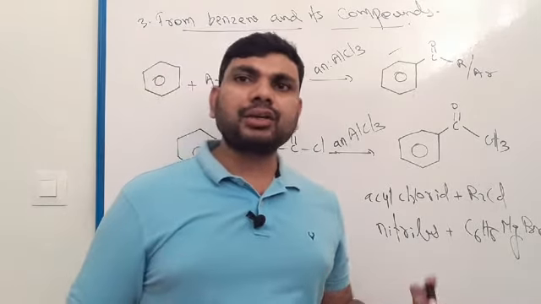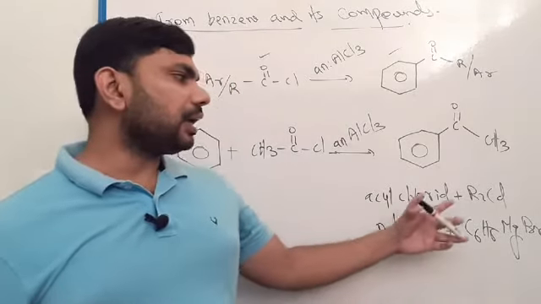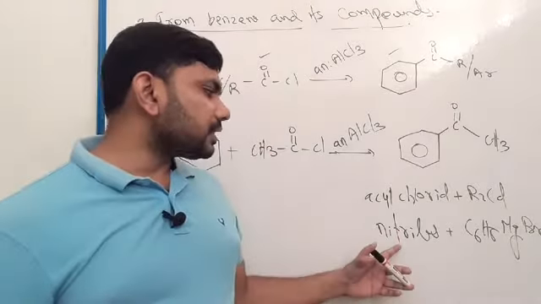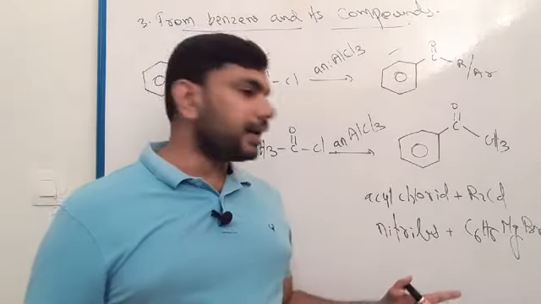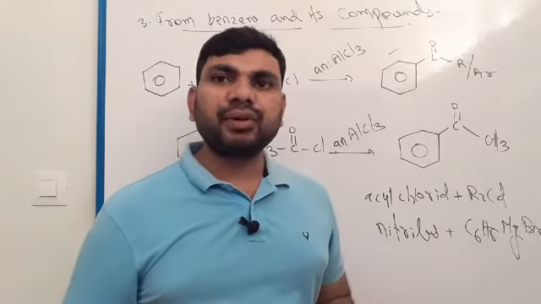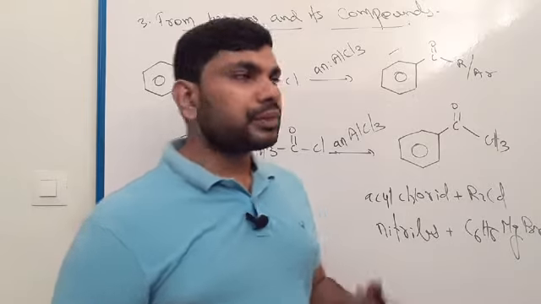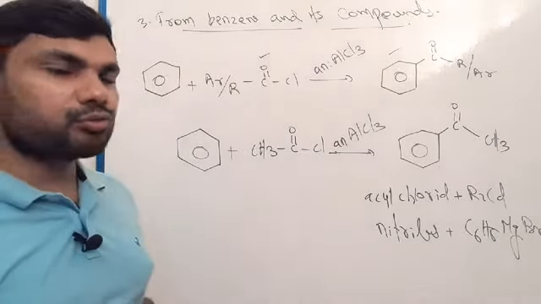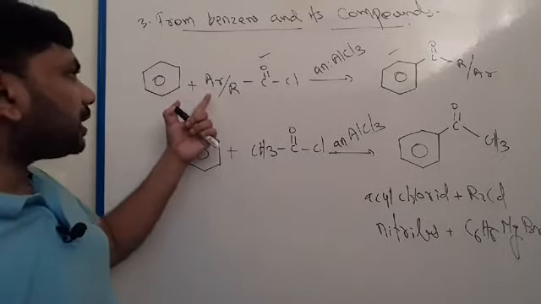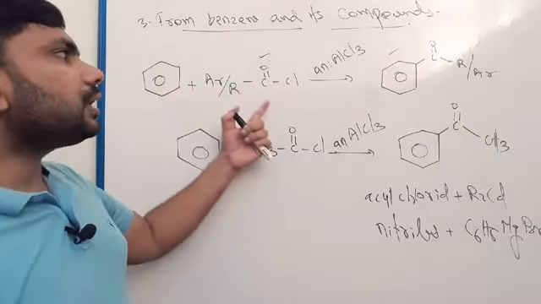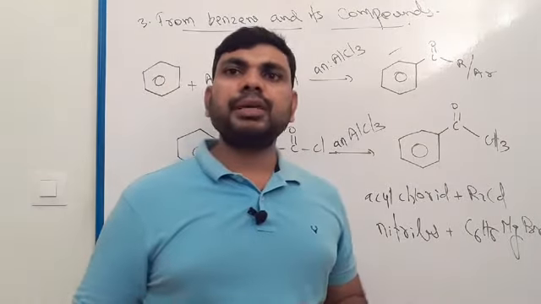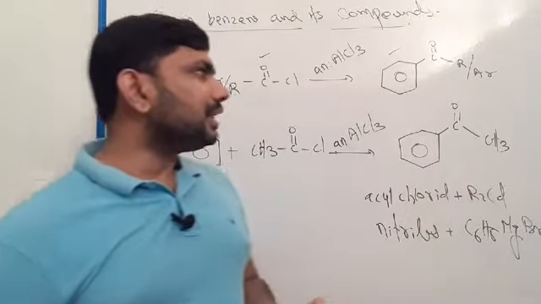First one, acyl chloride treated with dialkyl cadmium. Second method, nitriles reacted with C6H5MgBr. Third one, aliphatic or aromatic acyl chloride treated with benzene in presence of anhydrous aluminum chloride, we will obtain ketone.